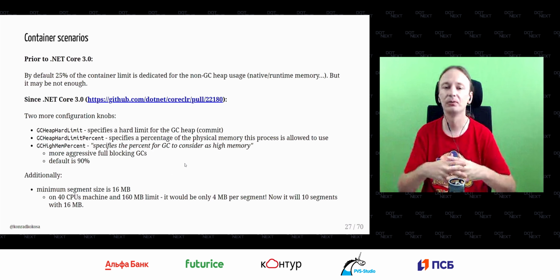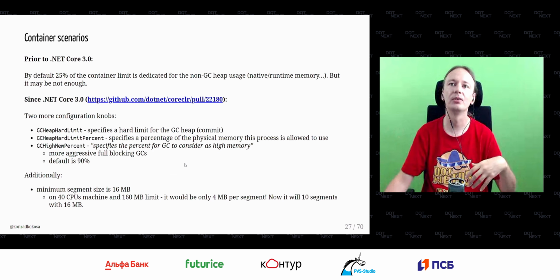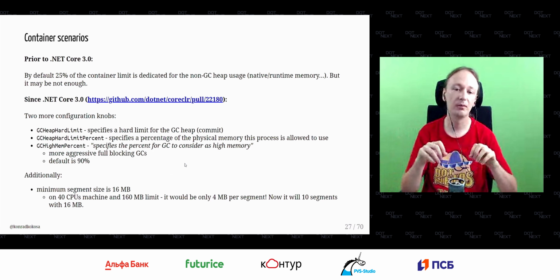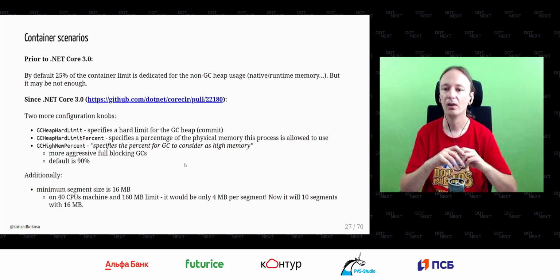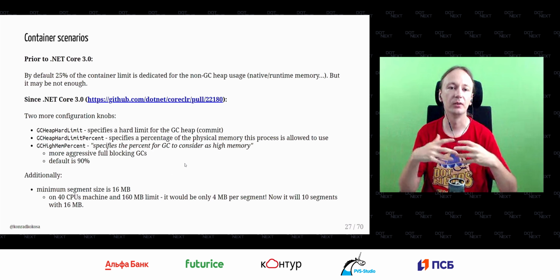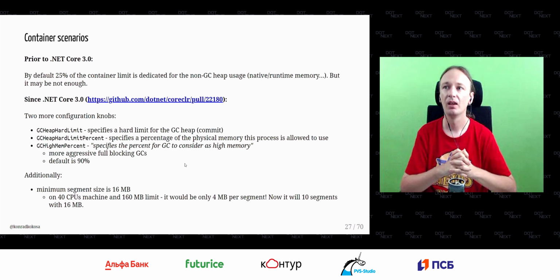And instead of really trying to understand those limits, we can use a hard limit. With the help of the GCHeapHardLimit configuration, we can specify a hard limit for the GC, which means the GC will not make bigger memory usage than this hard limit that was set.